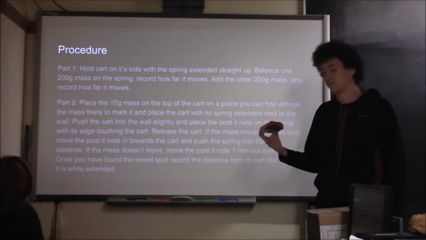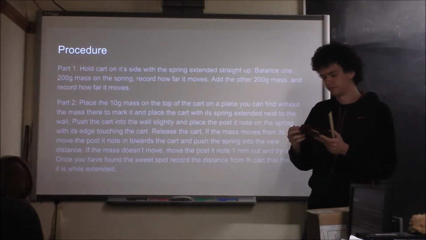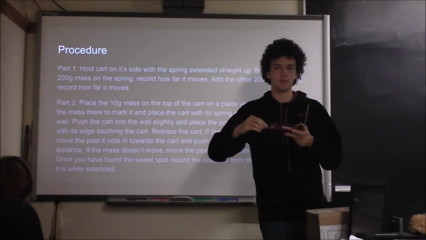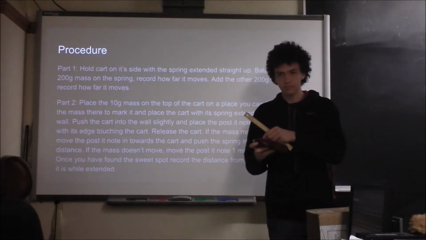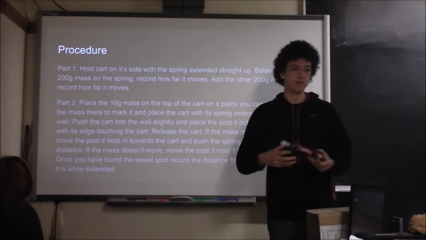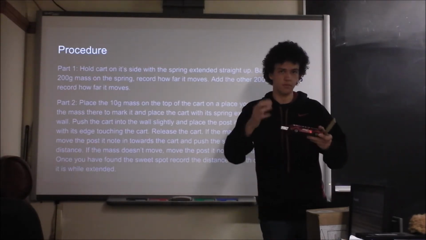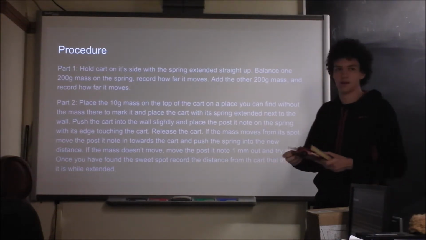I'd see if it moved or not. If it did move, I would move the Post-it note slightly in, push it to that point and release it. I basically did that until the mass didn't move. I figured out just about how far I could push it in without it moving from where it was, and then I measured that.